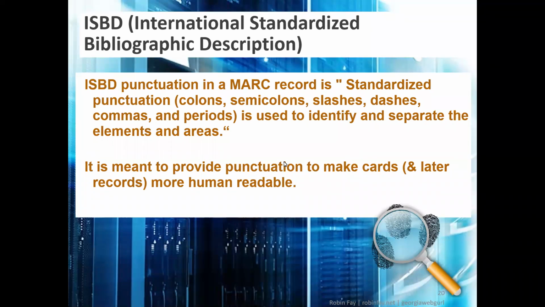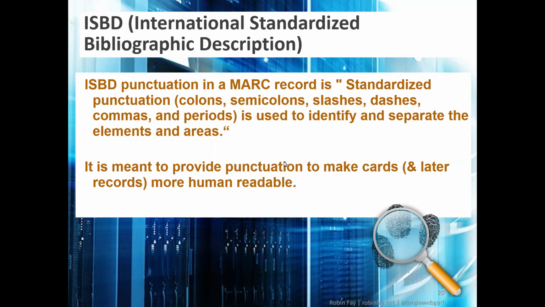Gosh, this has been around for a long time too, and it's meant to provide punctuation to make the cards, and now records, more human readable. So when you're printing cards, back in the olden days, those pieces of punctuation were meant to help separate on the card visually those pieces of data.